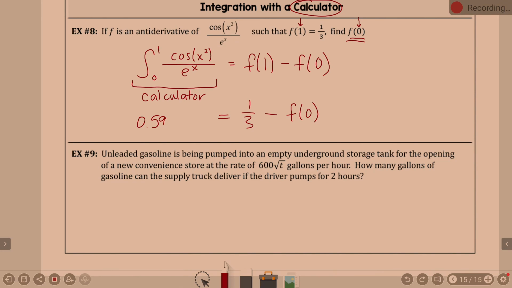Could you find f of 0 at this point? I know I'm going fast, but do you see where I'm just doing basic algebra? Yeah. In order to find f of 0, I'm going to do 1/3 minus that 0.59 number. You're going to see a couple of those in homework, which is why I wanted to talk about it real quick.